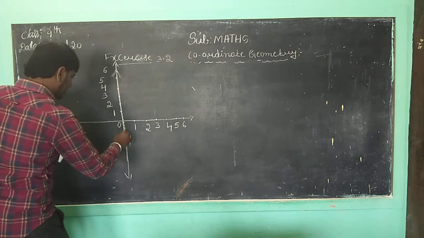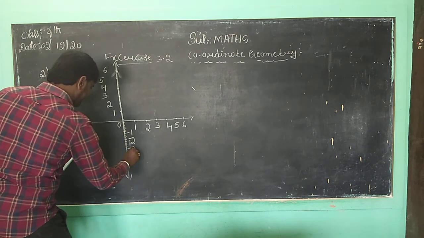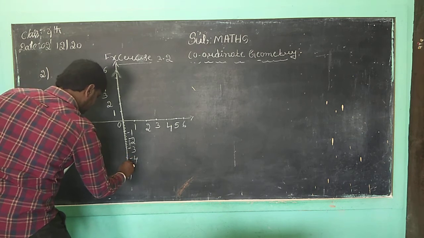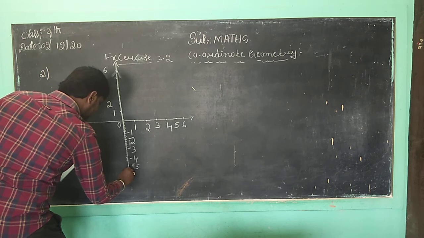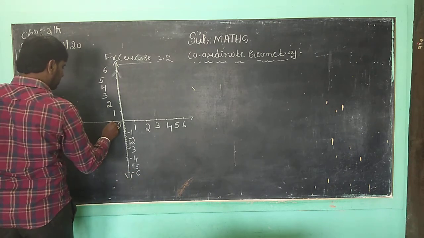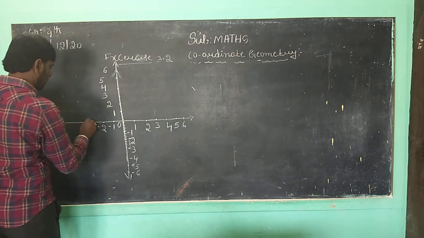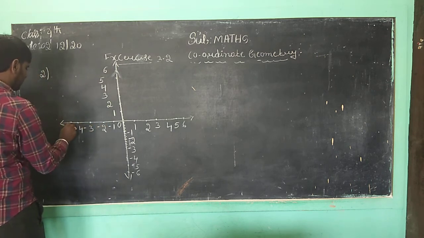So here also you want to take -1, -2, -3, -4 and -5. Correct, children? And -6. You are also going to take -1, -2, -3, -4 and -5.